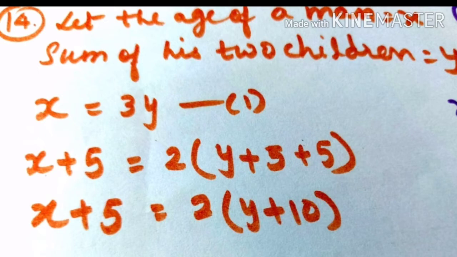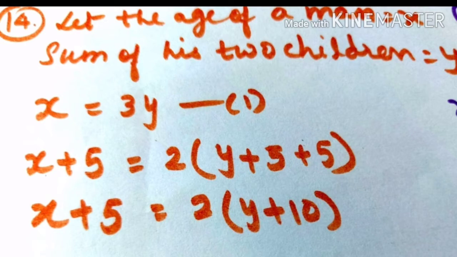So by the first line, let the age of the man be x and the sum of the ages of his two children be y. Reading again, the age of the man, x, is equal to 3 times the sum of the ages of his two children, so x is equal to 3y. 3 times means 3 multiplied by y. So this is our equation number 1.